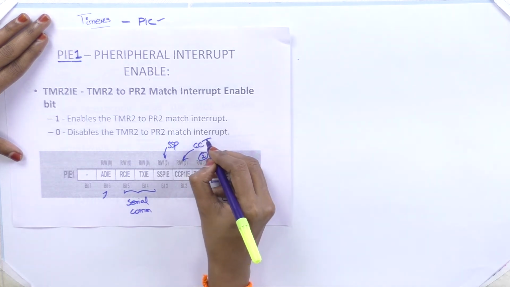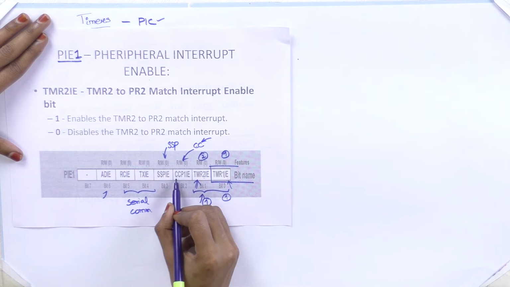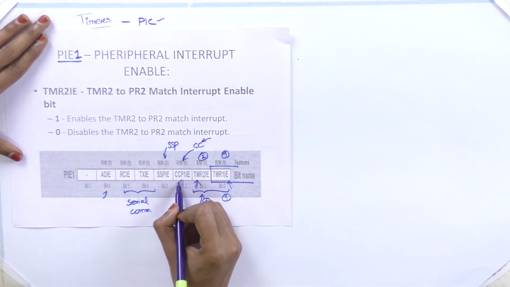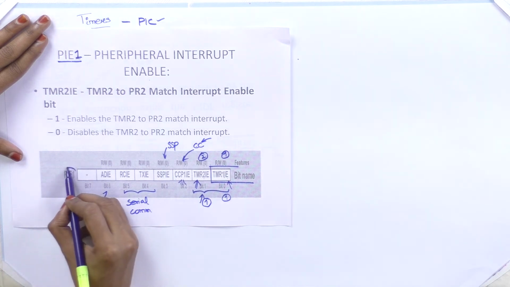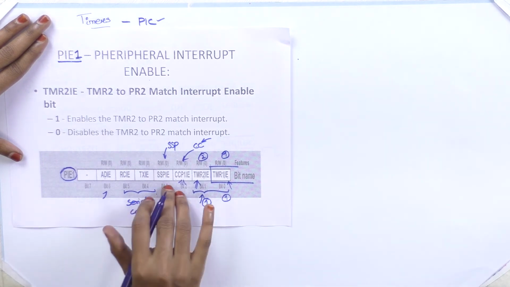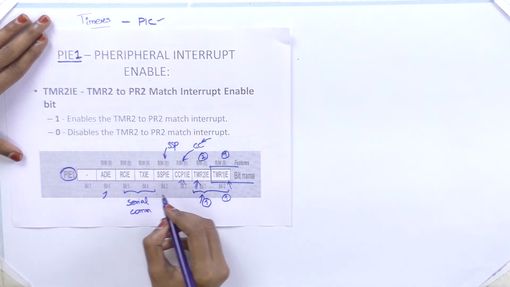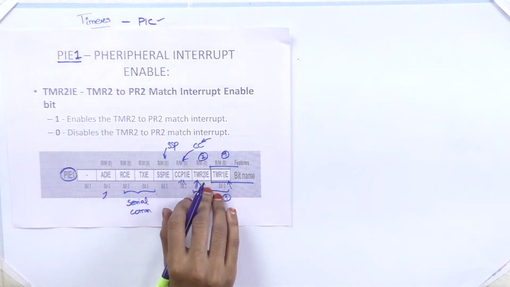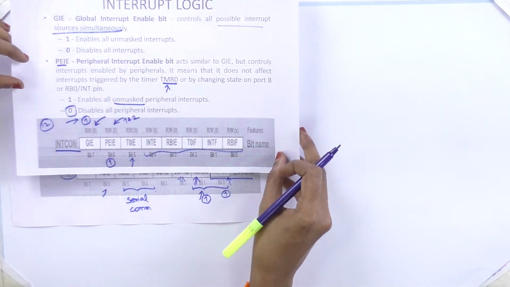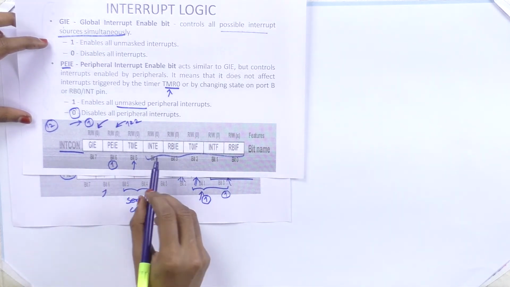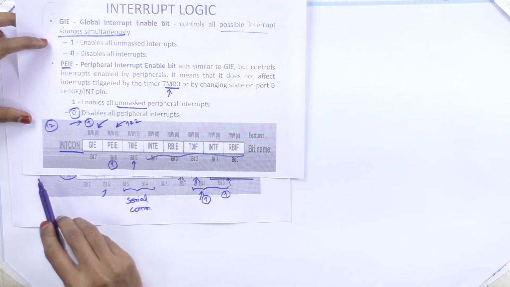We will discuss capture compare interrupts in a later lecture. So these are all peripherals. The analog to digital converter and serial communications are peripherals. If you want to recognize all these peripheral interrupts, the PEIE bit should be enabled. That's why we have discussed it.